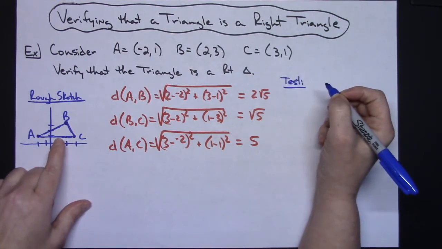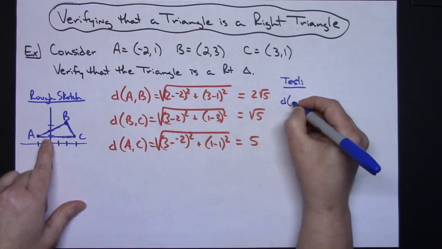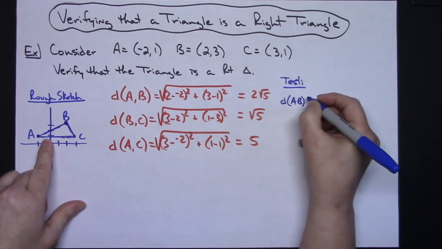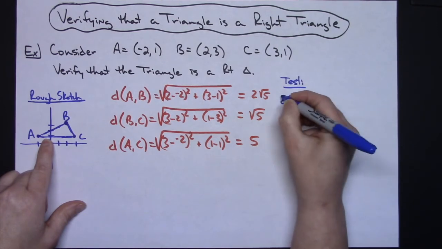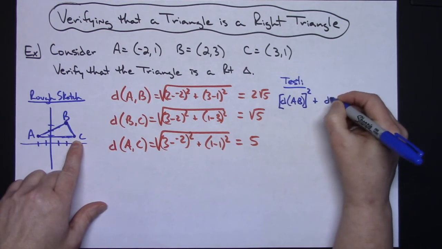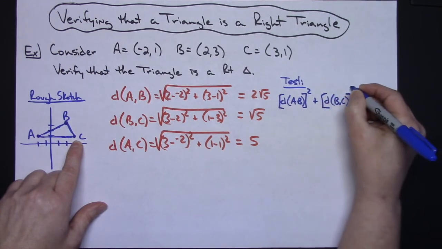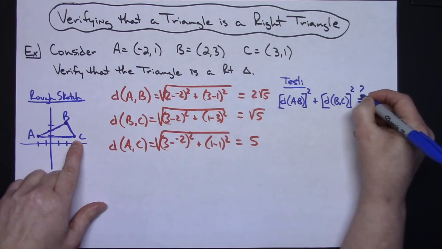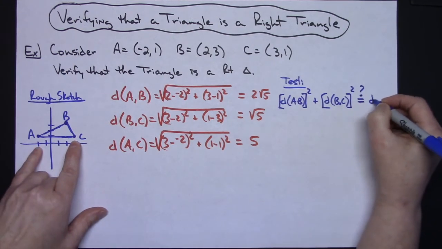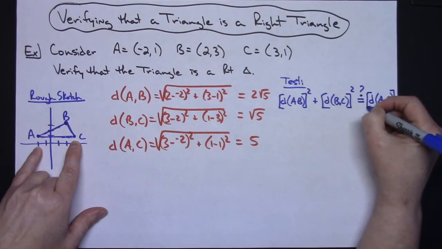I'm questioning, is the distance from A to B squared, one leg, plus the distance from B to C squared, does that equal, question mark, the distance from A to C squared?